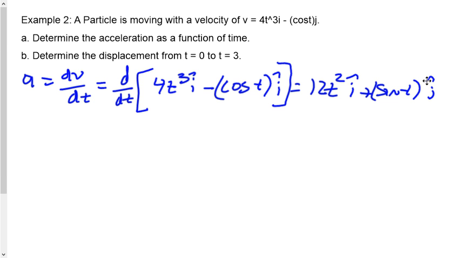Okay, now what about determine the displacement from t equals 0 to t equals 3? Well, we want to get delta r, and we know that that has to equal the integral of v dt.